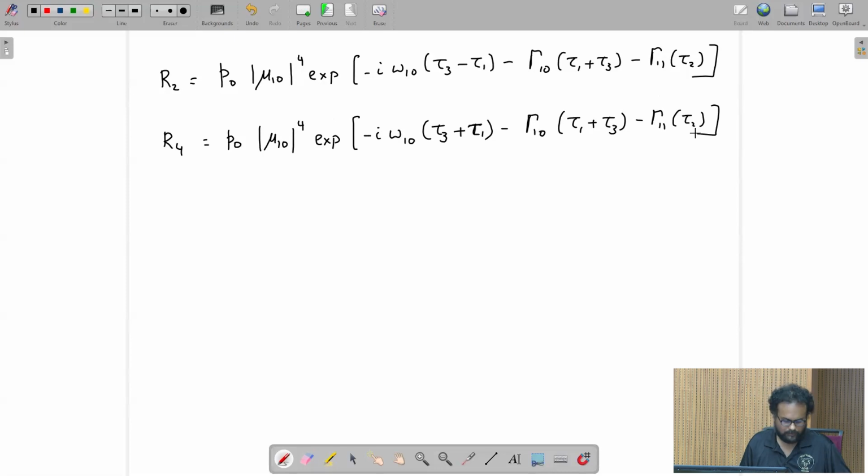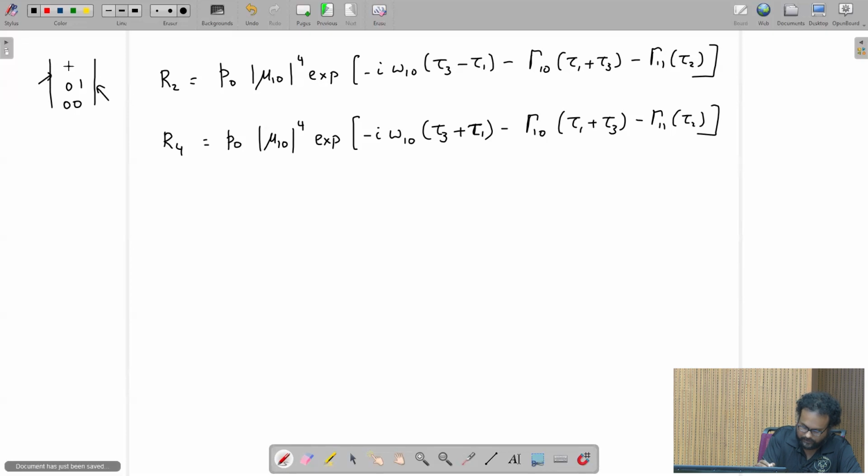Also write down the Feynman diagrams for it here, just for the sake of completeness. So R2, 1 0, 1, R2, and this is R4.